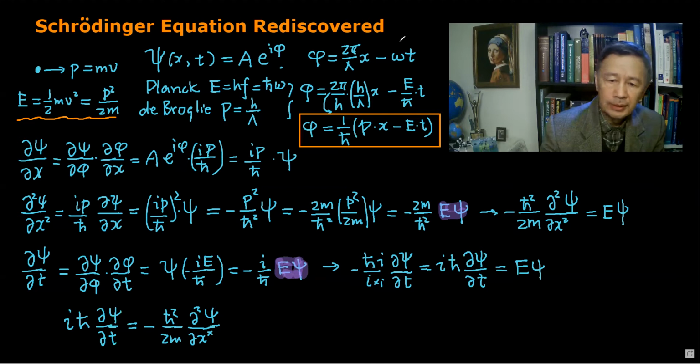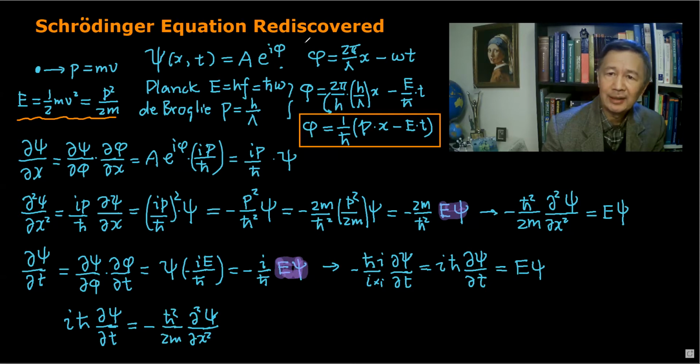One moment. This should be 2, this should be psi. This is the Schrodinger equation for the free particle in space.